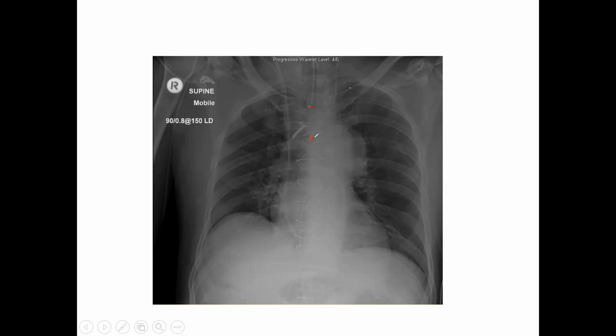Another thing that we're looking at in this particular film, you can see the hemidiaphragms and so forth. You also see these little sternal wires. So this individual has had open heart surgery or coronary artery bypass grafting surgery. Those are the sternal wires that they place to put the sternum back together. And another item that we can see here that we've not seen just yet is this line.